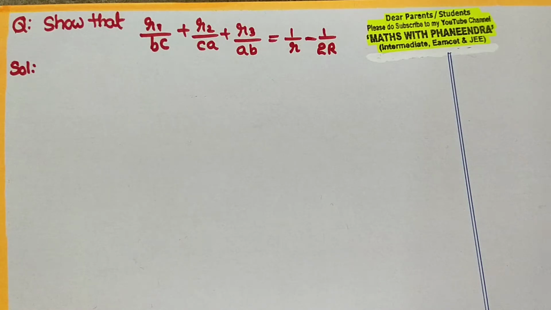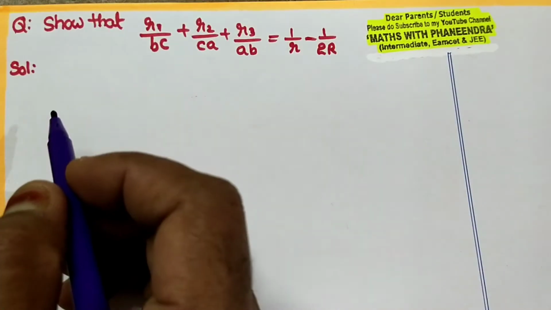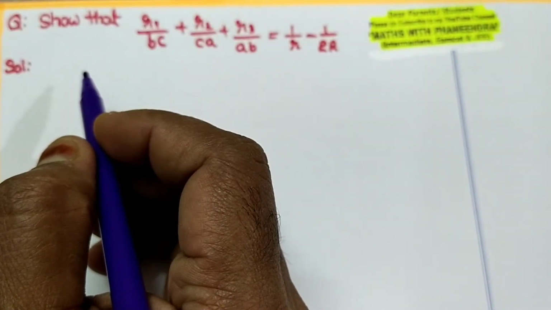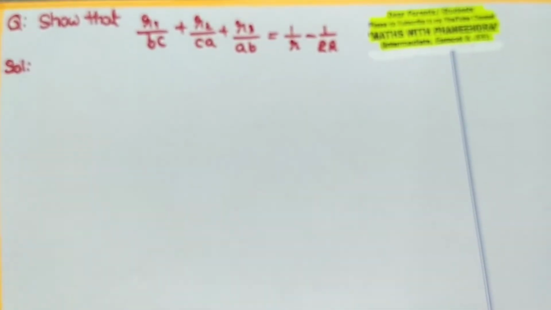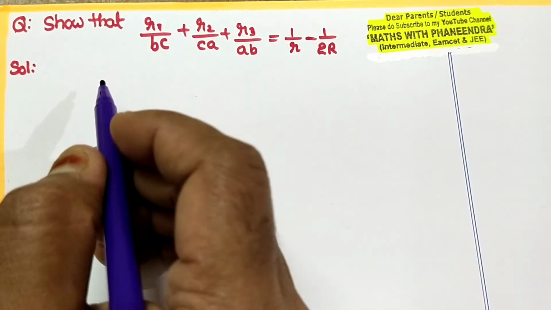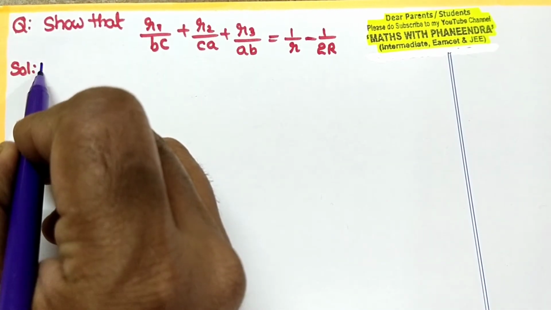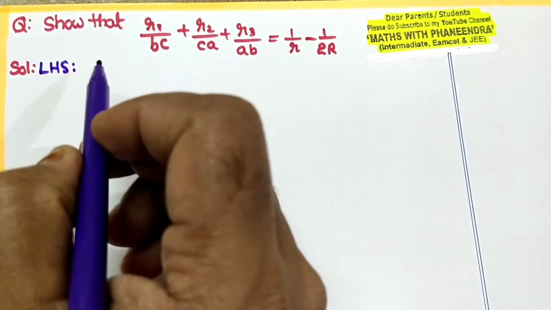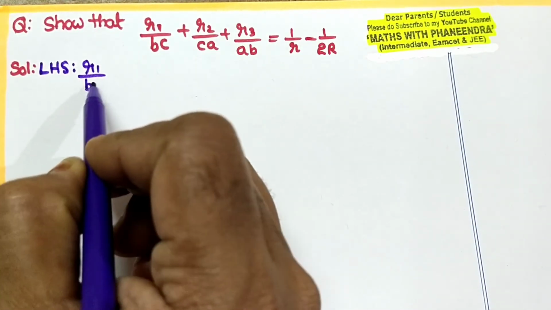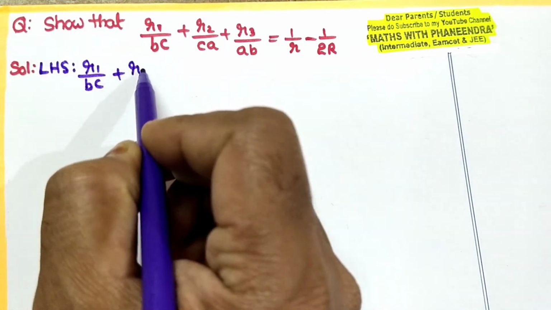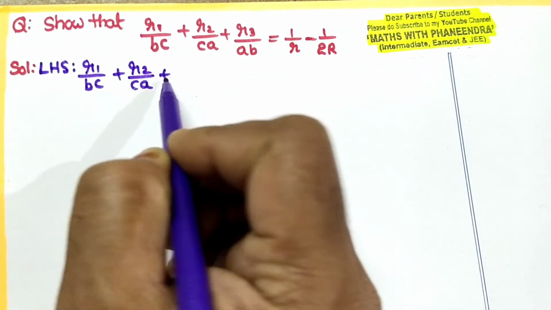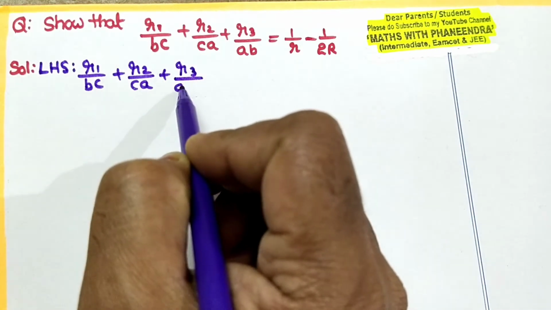So now consider the LHS: R1 by BC plus R2 by CA plus R3 by AB.